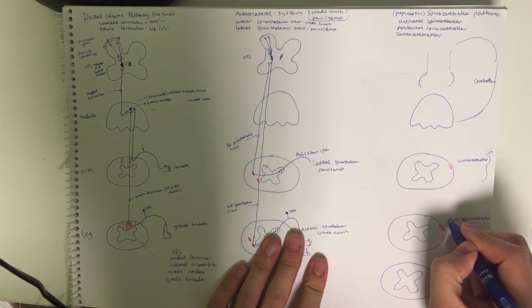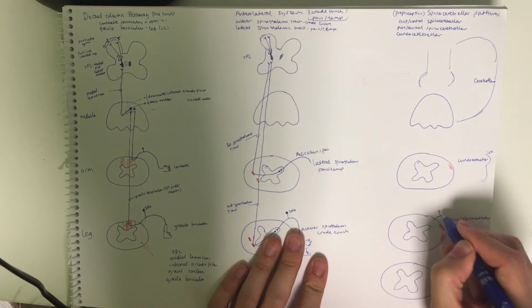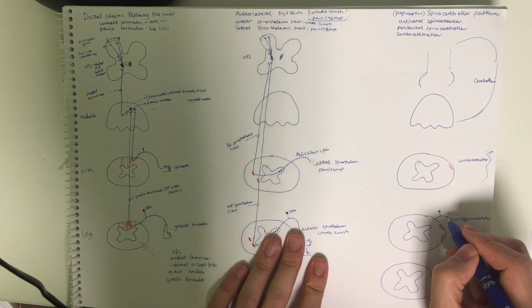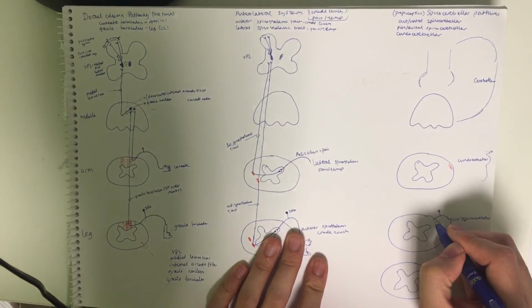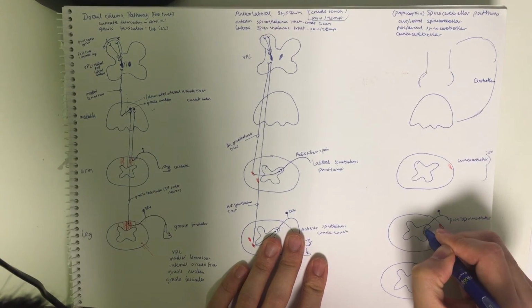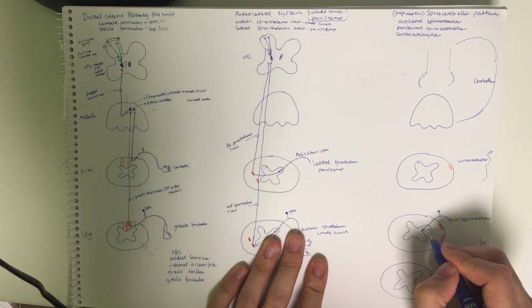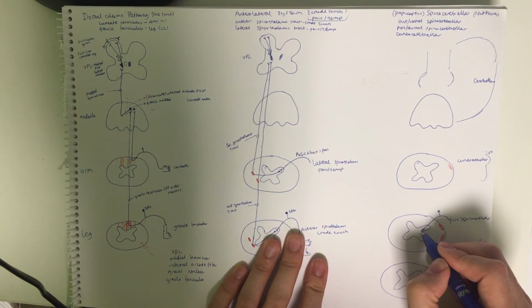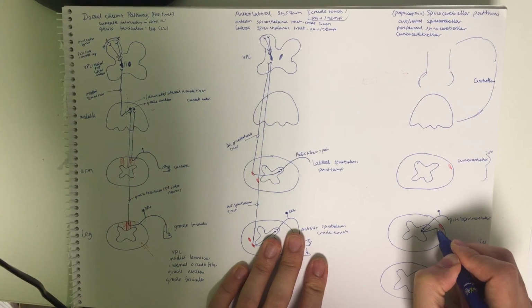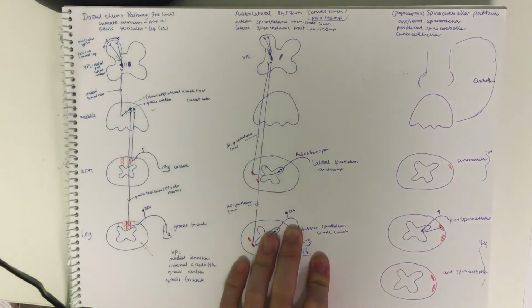Again, because it's sensory, it's going to enter through the dorsal root. Once it enters, it will synapse at the dorsal horn here, and then it will not decussate. It stays on the same side, and it's going to go to the posterior spinocerebellar tract.